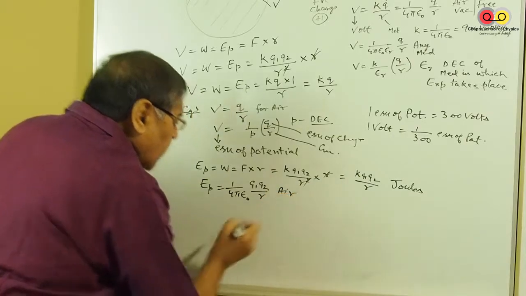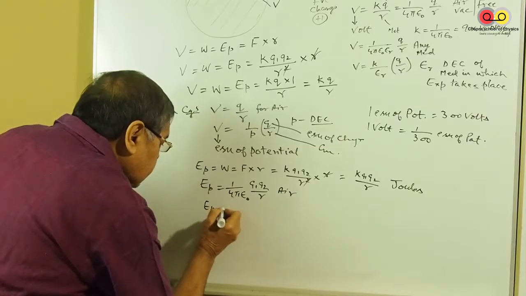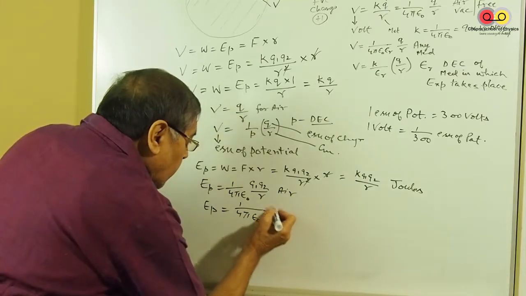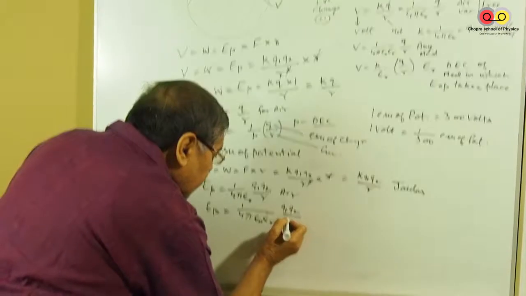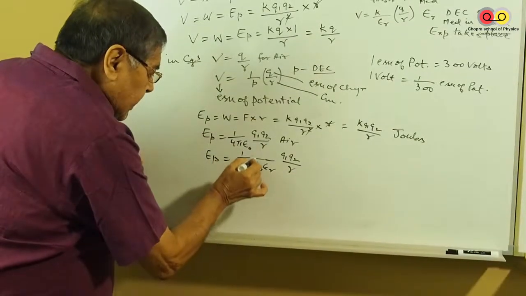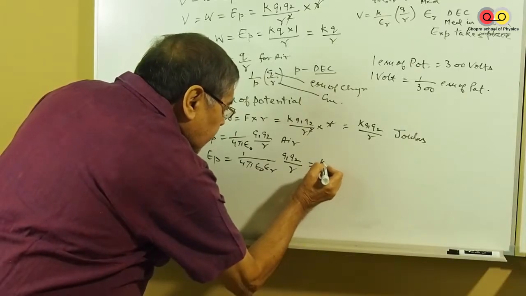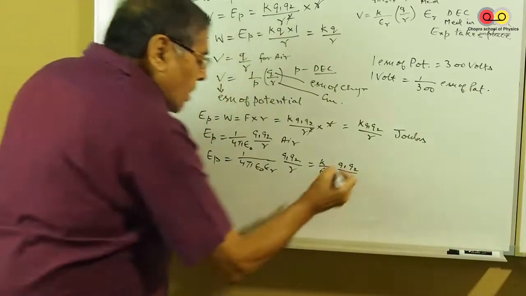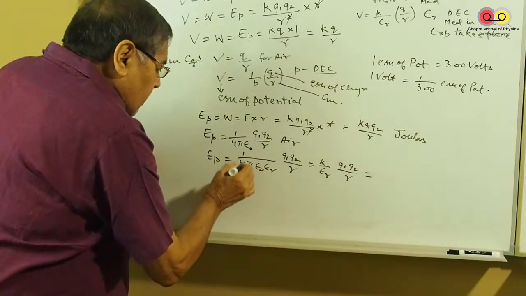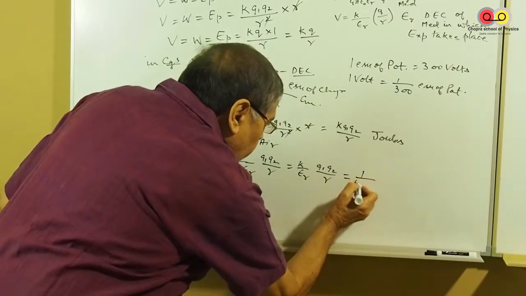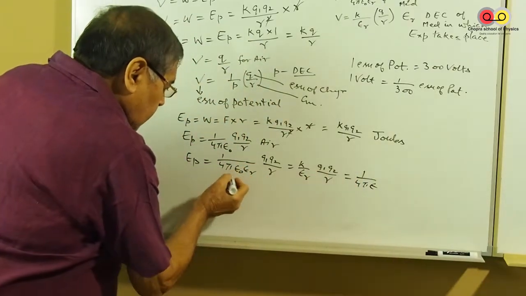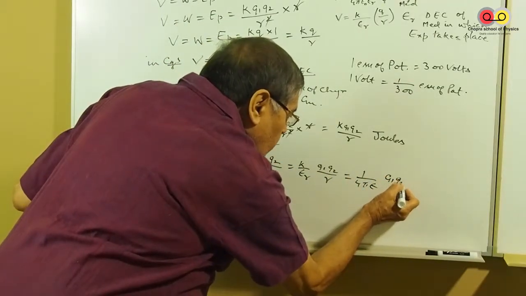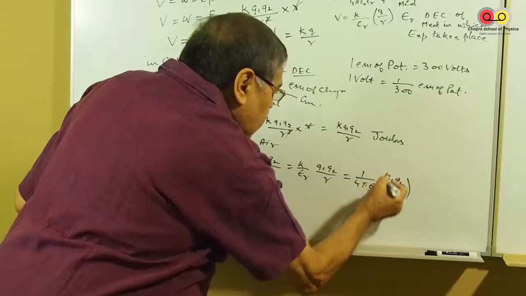If it is some other medium, then EP will be written as 1 over 4 pi epsilon naught epsilon R, and it will be Q1 Q2 divided by R. This 1 by 4 pi epsilon naught is K, so the formula can be written as K over epsilon R, Q1 Q2 divided by R. Or it can be written as 1 over 4 pi epsilon, where epsilon is epsilon naught epsilon R, along with Q1 Q2 divided by R. All calculations will be in joules.